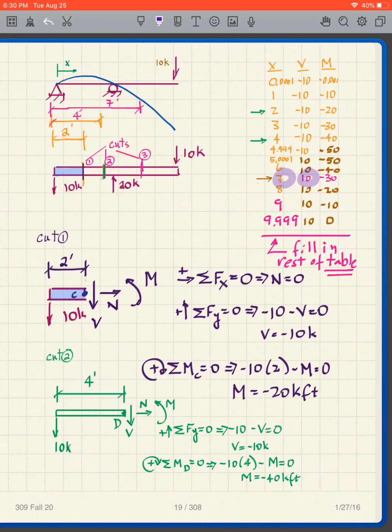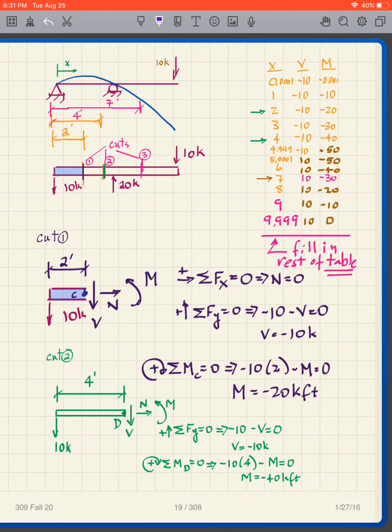Well, I'm going to let you do the rest, but what you're going to find is the pattern, which is that all these values are 10. In other words, it doesn't matter if I cut here, here, here, wherever, I'm going to get positive 10 in that region. And then over here, we're going to find the reverse.